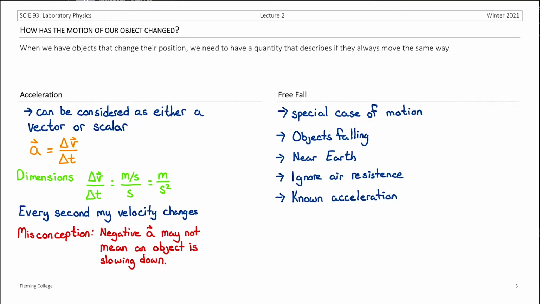In these problems, we will look at the acceleration due to gravity, represented by g with a vector arrow, and that acceleration is known to be 9.8 meters per second squared in the down direction. As we move forward, when you see a problem that states it's a free fall problem, this means you can make the assumption that you know the acceleration.